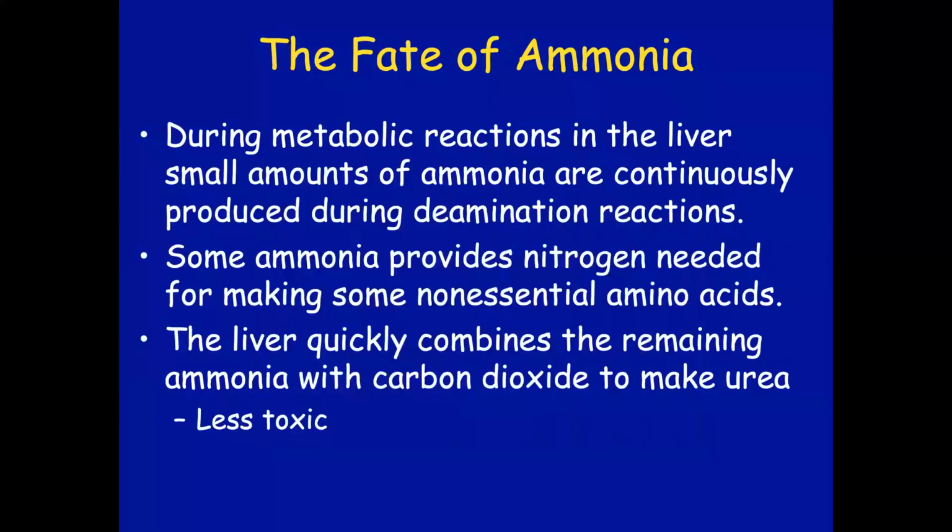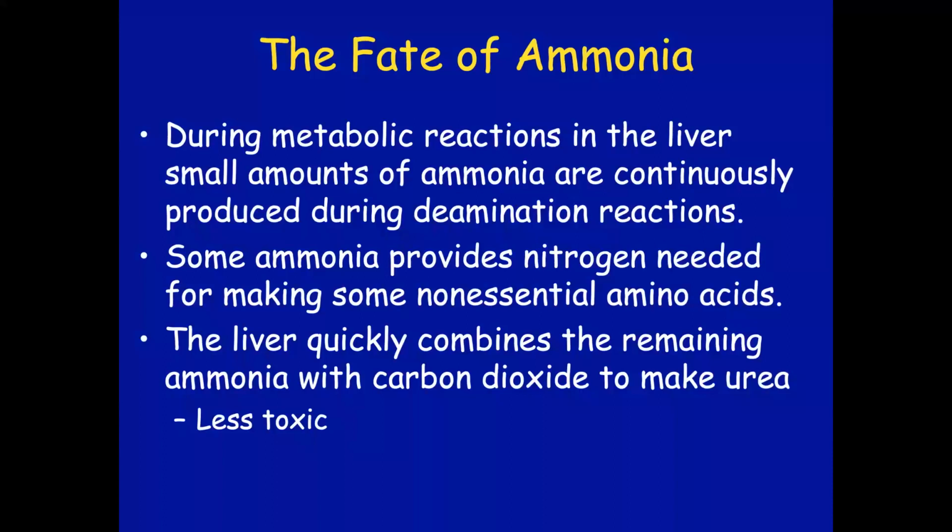So what happens to ammonia during those metabolic reactions, which, by the way, are going to happen in our friend the liver, that metabolically active organ? Small amounts of ammonia are basically being produced continuously as those deamination reactions are happening. Some of that ammonia is important because you need nitrogen to make some non-essential amino acids.